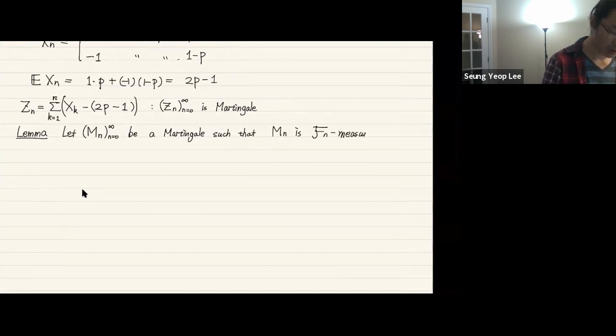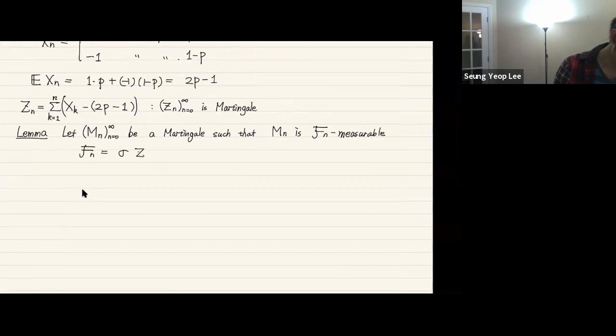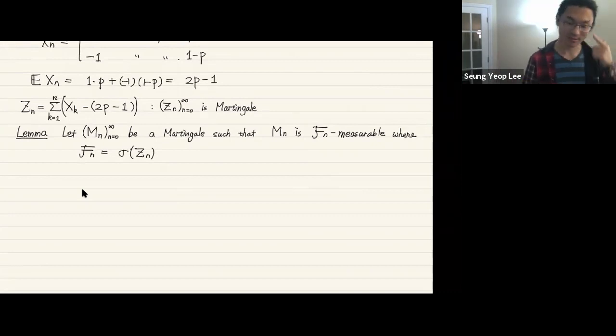A martingale is measurable with respect to the filtration, you know, and Fn is coming from the sigma algebra for Zn. Meaning that if Zn is known, Mn can be found. So Mn and Zn share the same information. Mn is a random variable, but if Zn is determined, Mn is determined.